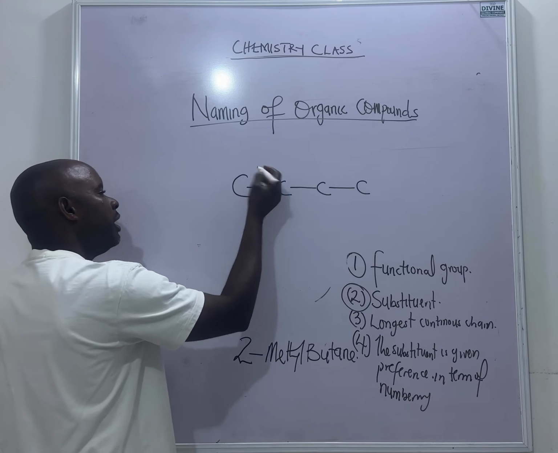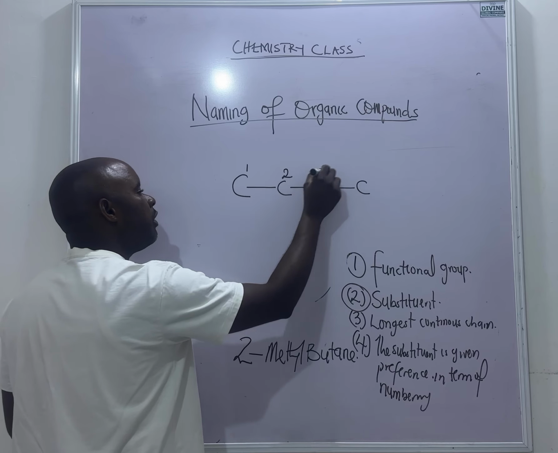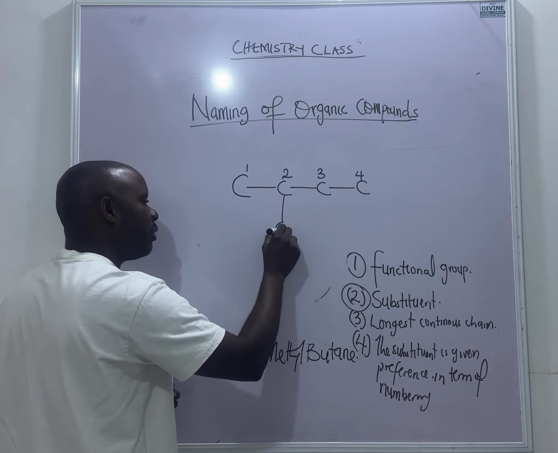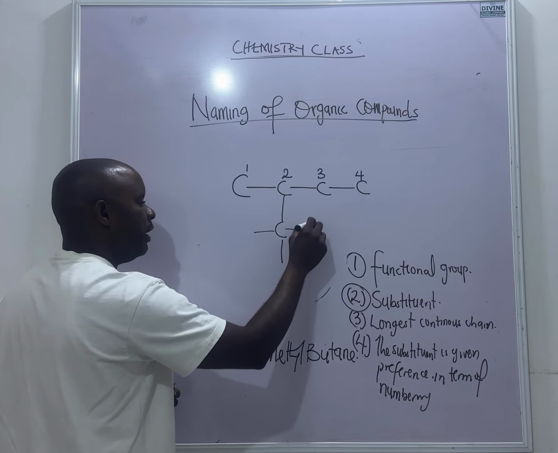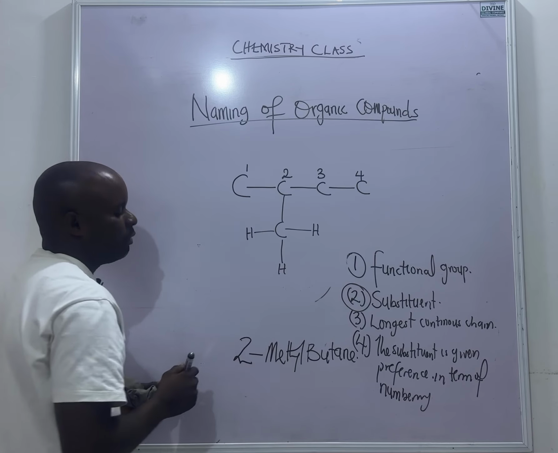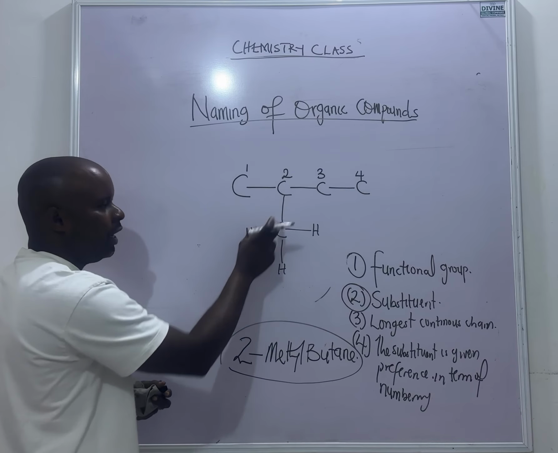So we can number from here: 1, 2, 3, 4. It means that at carbon 4 we have a methyl group. So with the help of this IUPAC nomenclature, we are able to obtain the structural formula.